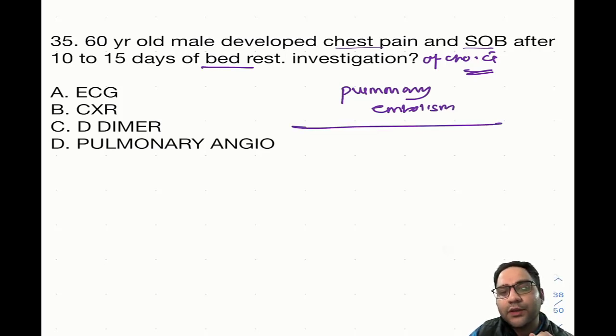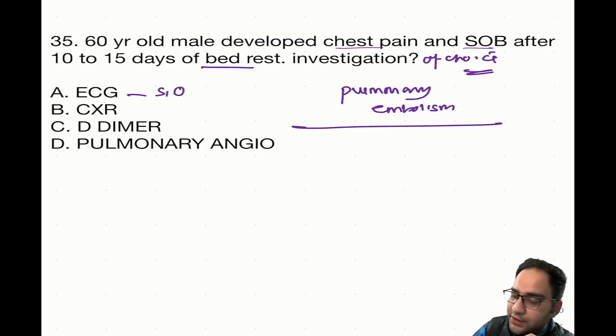And they are asking you the investigation of choice. Now, all the investigations that they have mentioned here are somehow related to pulmonary embolism. They give you some information or the other about pulmonary embolism, be it ECG, chest X-ray, D-dimer, pulmonary angio. But you are being asked here the investigation of choice.